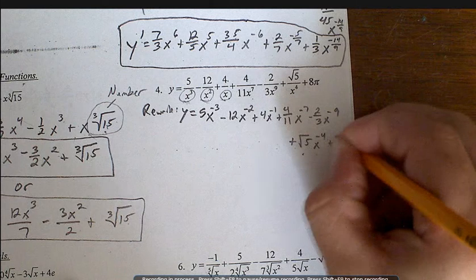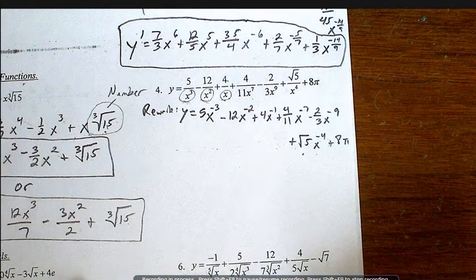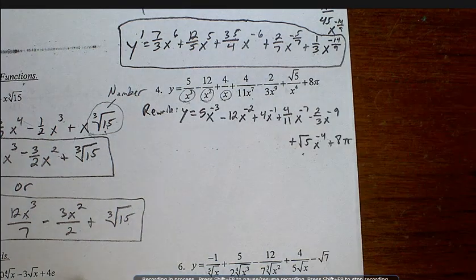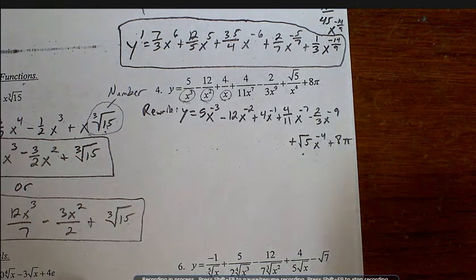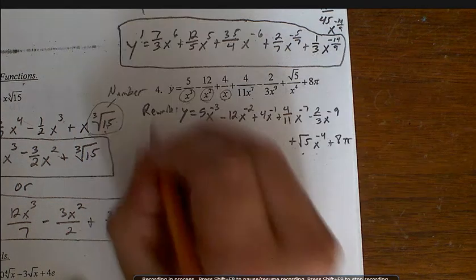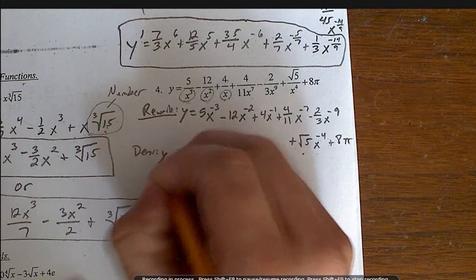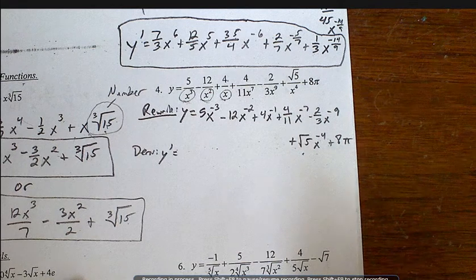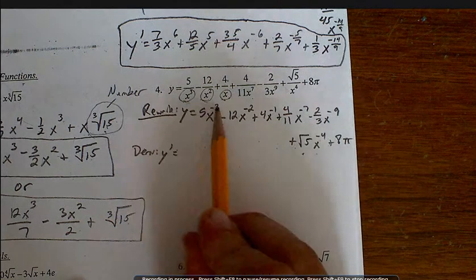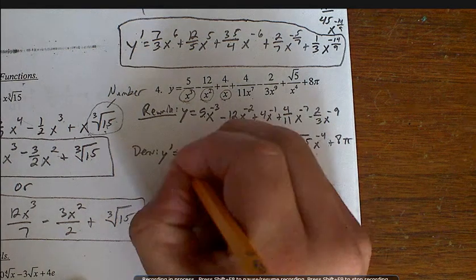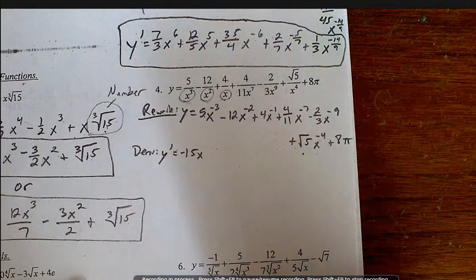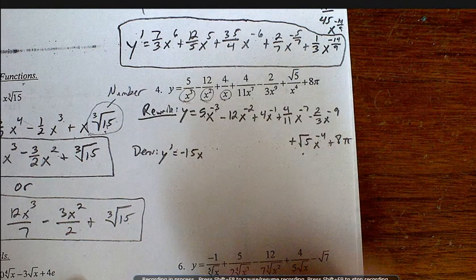So y prime, negative 3 times 5, negative 15x, negative 3 minus 1, negative 4, negative 2 times negative 12, x to the negative 3. Negative 1 times 4. Negative 4x to the negative 2.